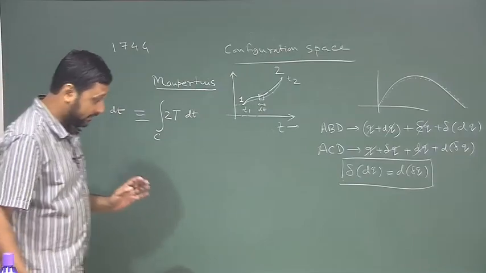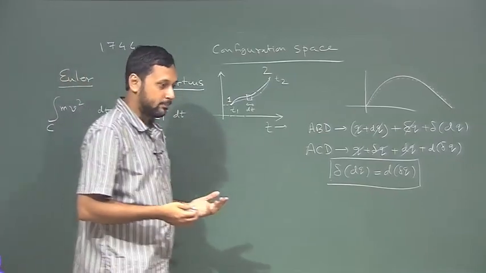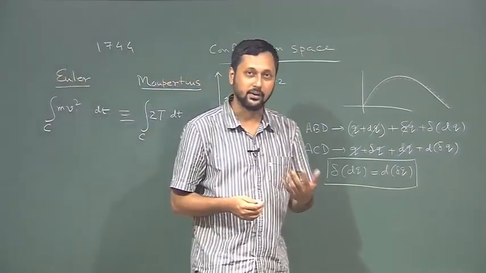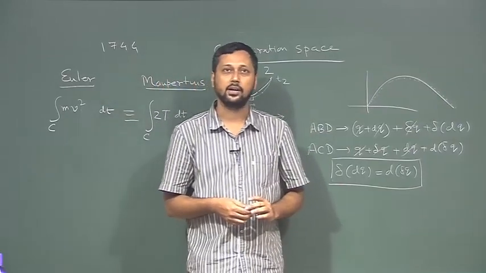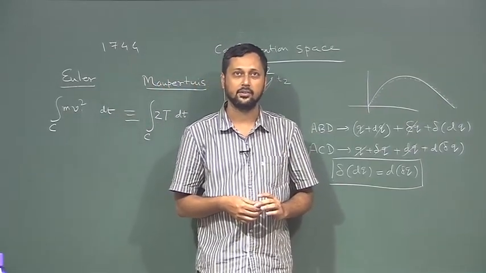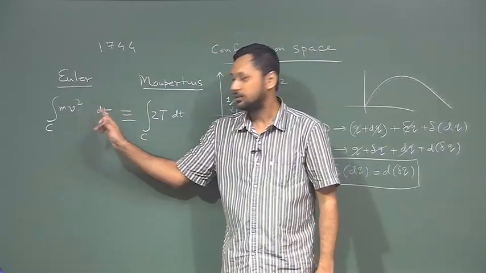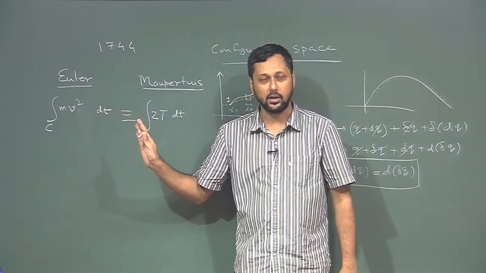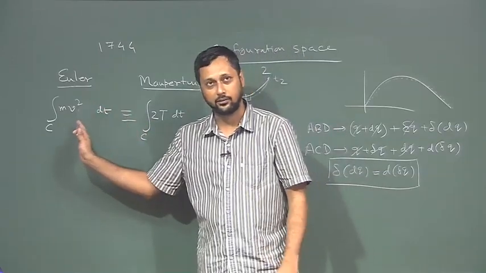But even at that time in 1744, the formal approach of Lagrangian calculus was not formed. Later on, Euler had a great role to play in the derivation of Lagrangian dynamics, but he somehow could not make progress from here. What he derived was right at least for certain systems.